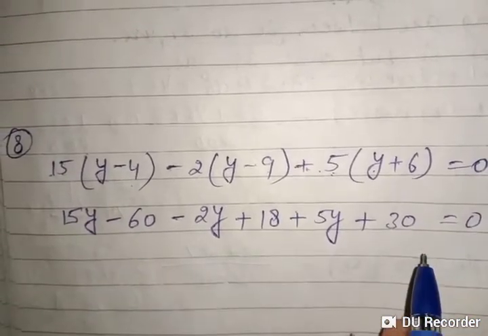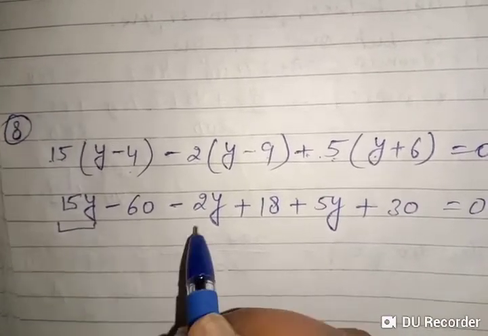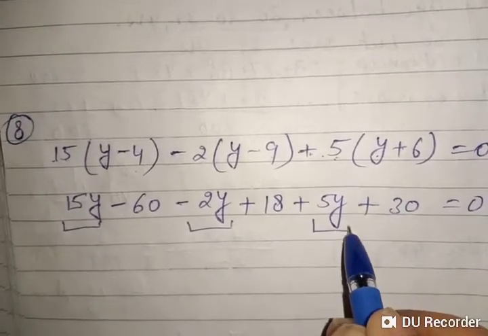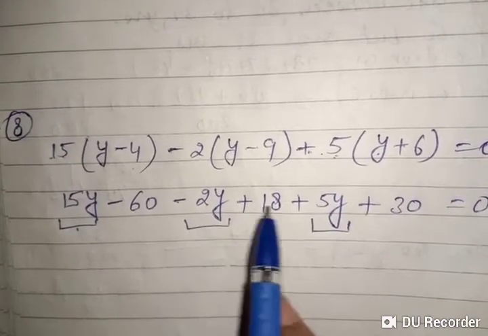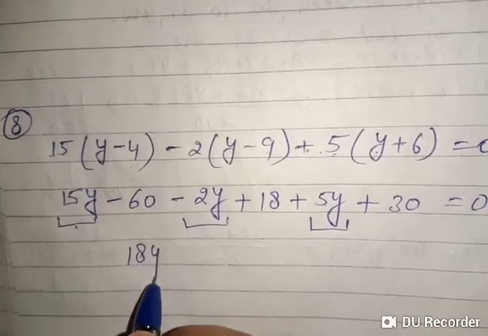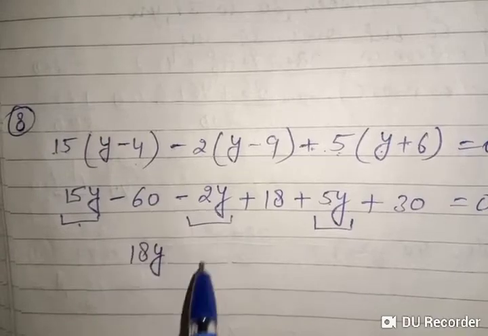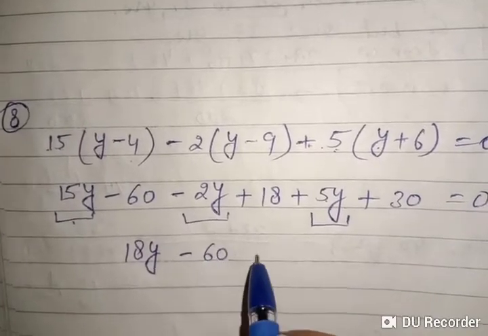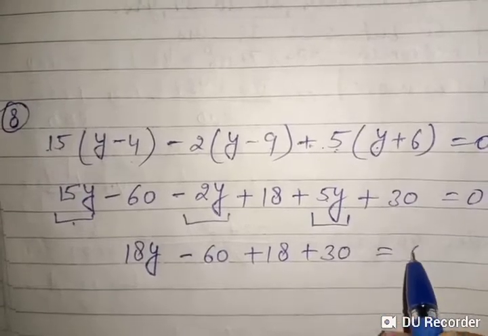No need to shift any term to the other side because all are on the same side, but we need to collect all like terms. It's 15 minus 2 is 13, 13 plus 5 is 18. So it is 18y when we add or subtract the like terms, and this I am writing on one side all together.